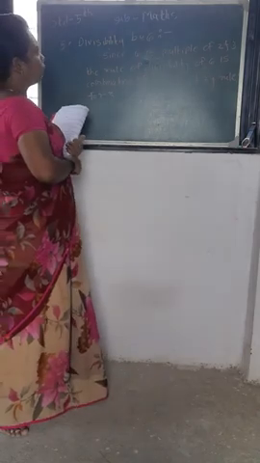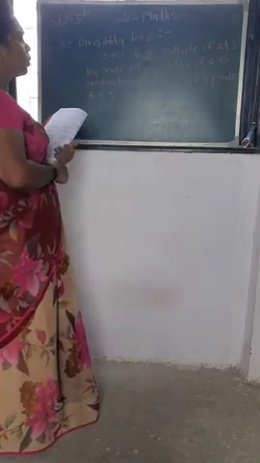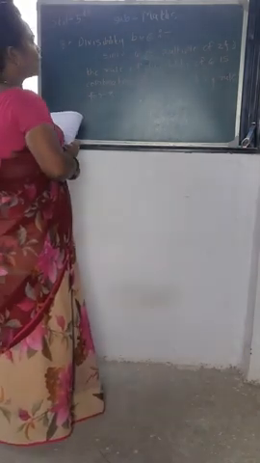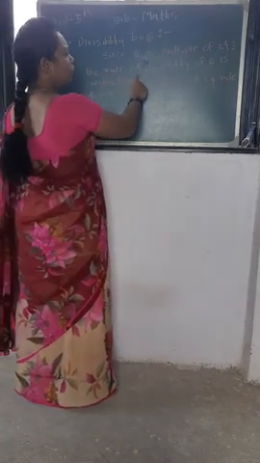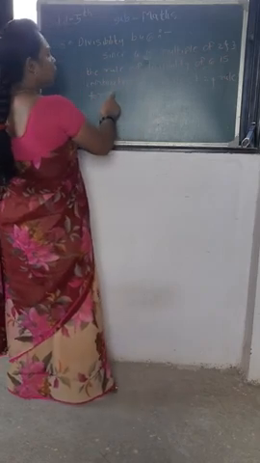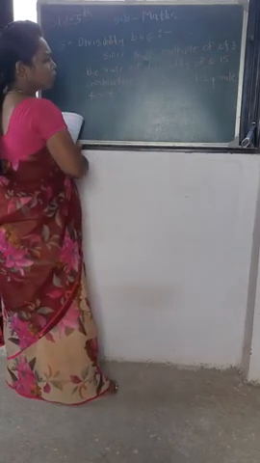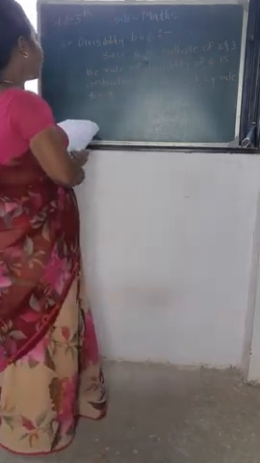The rule says that since 6 is a multiple of 2 and 3, the rule of divisibility by 6 is a combination of the rule of 2 and the rule for 3.